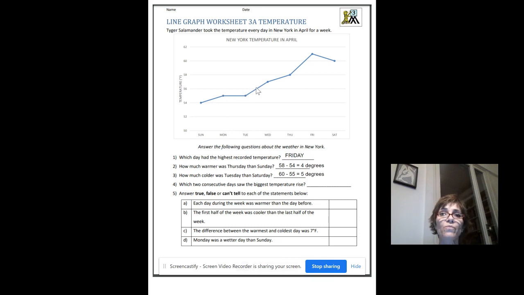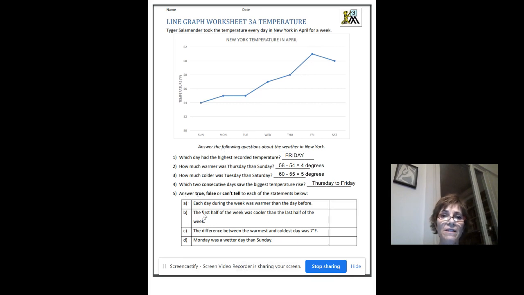Here there's 1 degree and another. Here there's 2 degrees between Tuesday and Wednesday, and then 1 degree. And then let's see, 1, 2, oh, here there's 3 degrees. So I would say from Thursday to Friday, I had the biggest increase, the biggest rise in temperature.